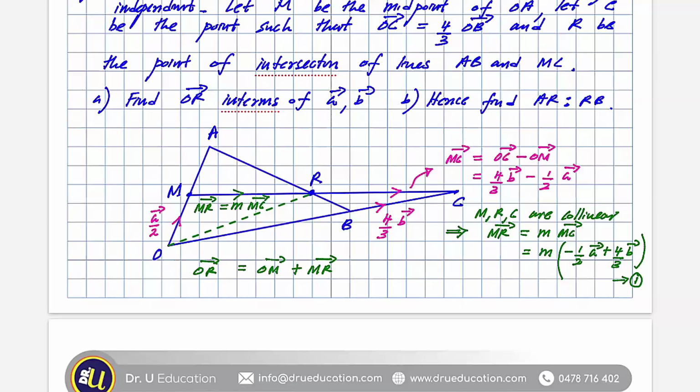So now if you simplify this, you get half of A plus M times this guy.